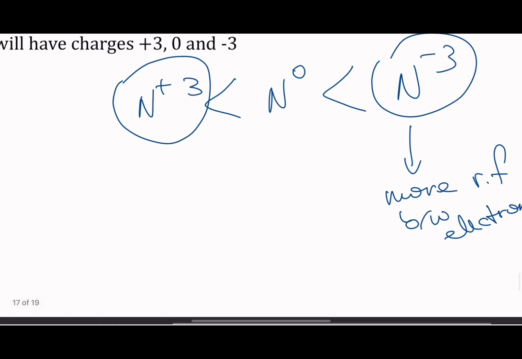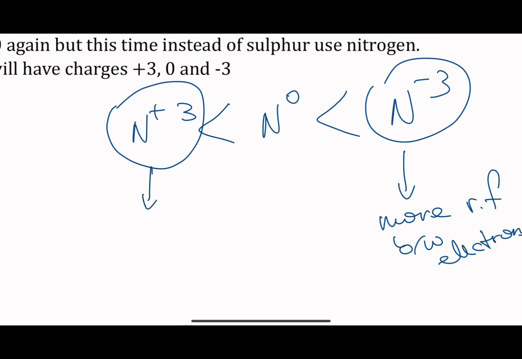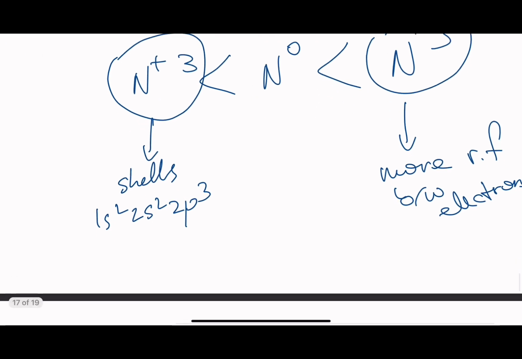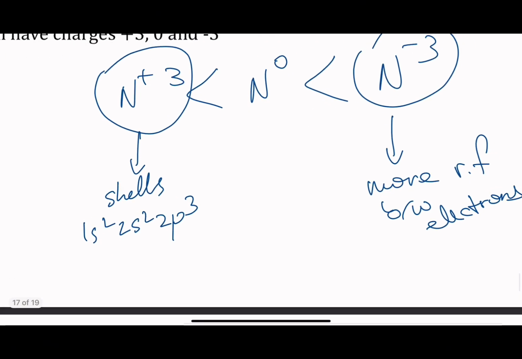And then over here we also have fewer shells, because if you check it, 1s2, 2s2, and 2p3 is 4. Sorry, the number of shells is the same. It did not change. So it lost these 3 electrons, but it still has 2 shells.